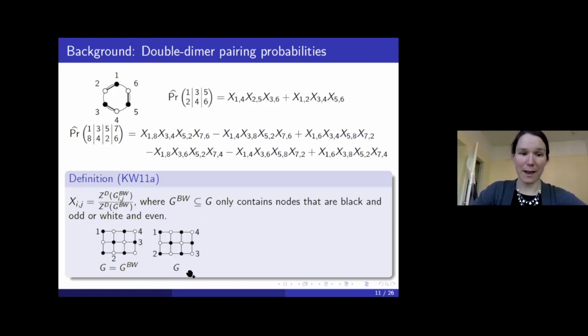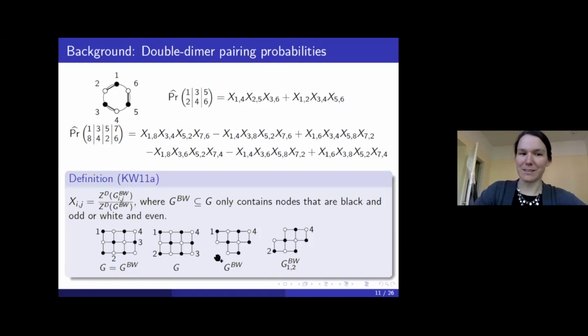But if, say, we had this graph, then to obtain GBW, we would delete nodes 2 and 3 because 2 is black and 3 is white. And then GBW 1, 2 doesn't contain the node 1 because GBW does, and it does contain the node 2 because GBW doesn't.